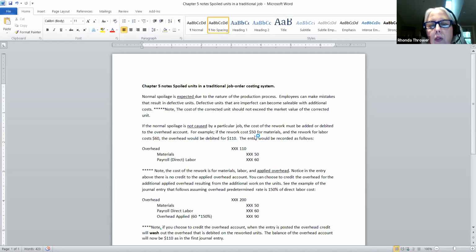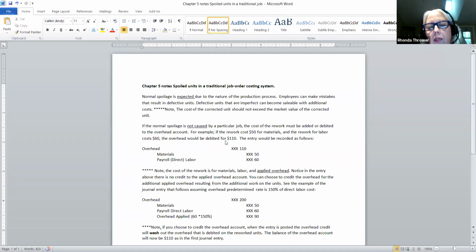And so the cost of the materials is $50, and the cost of the labor is $60. Then what they would do is debit the overhead cost for $110, which is the total of your materials that would be credited and your labor that would also be credited. So these costs are added together to get the total debit to the overhead cost.